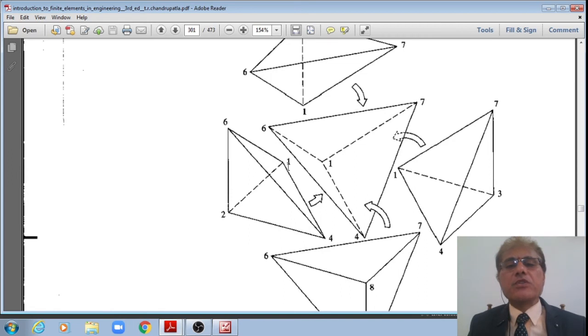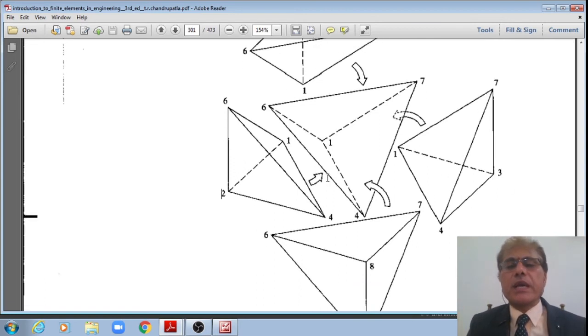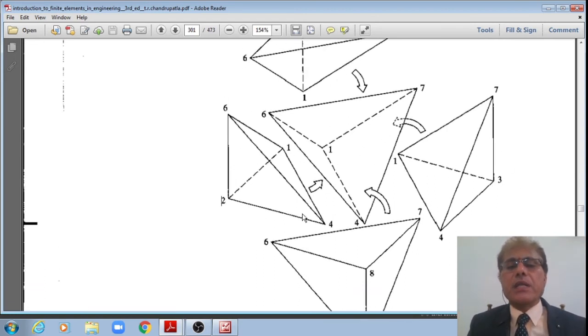Please see that this 1 6 4 is a continuation, then another node 2. Similarly, you see that this 1 7 4 is common; I have just detached it, and this 3 is a continuation. Likewise, you can understand the others.